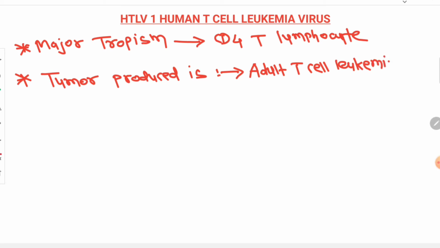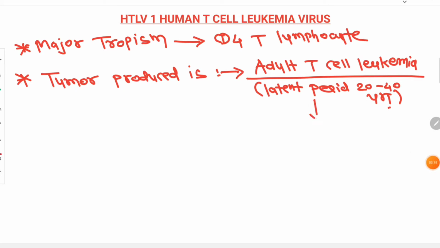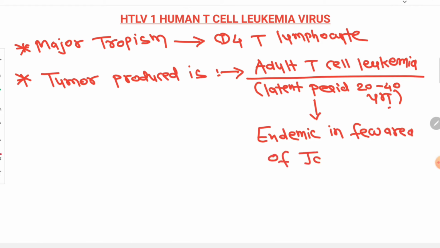The virus is named after the tumor it produces. An interesting fact is that it has a long latent period of 20 to 40 years for development of adult T cell leukemia or lymphoma, and this lymphoma is endemic in a few areas of Japan.